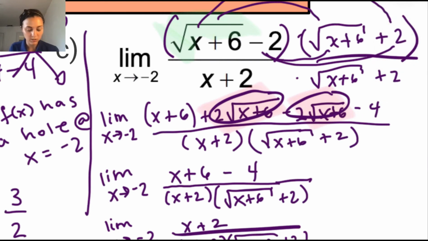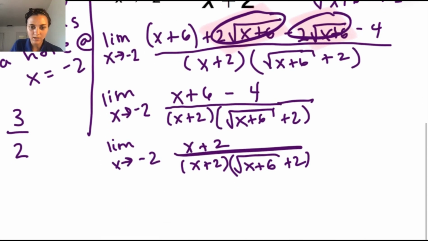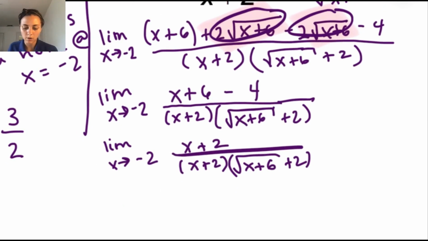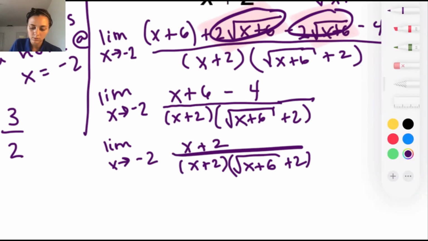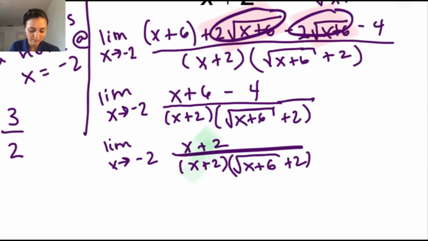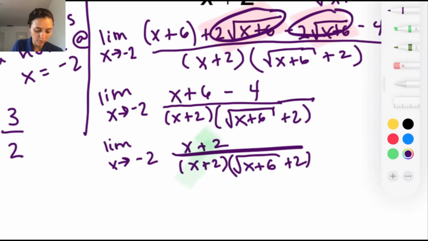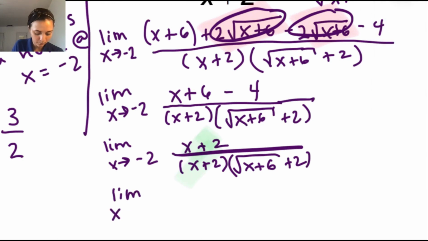Because my limit is going to -2. So when the x plus 2 cancels out, I no longer get 0 over 0. So just like we did before with the factoring, these cancel out. I no longer have the thing that gives me 0 over 0. So the numerator is 1, and I'm left with this little conjugate down here.